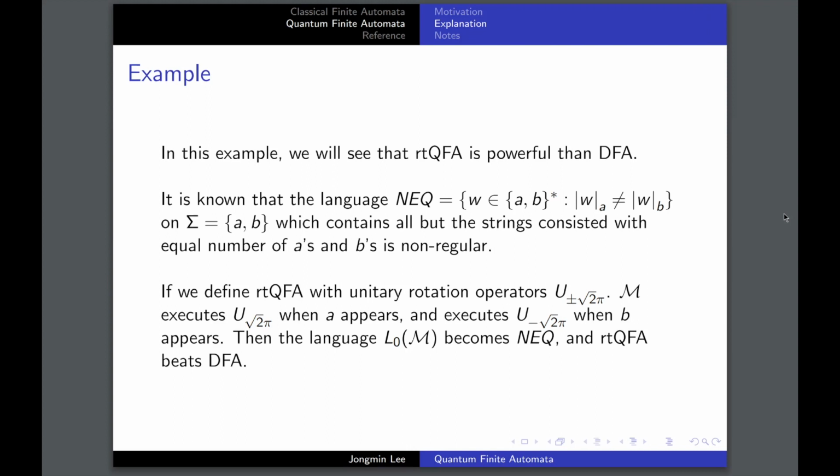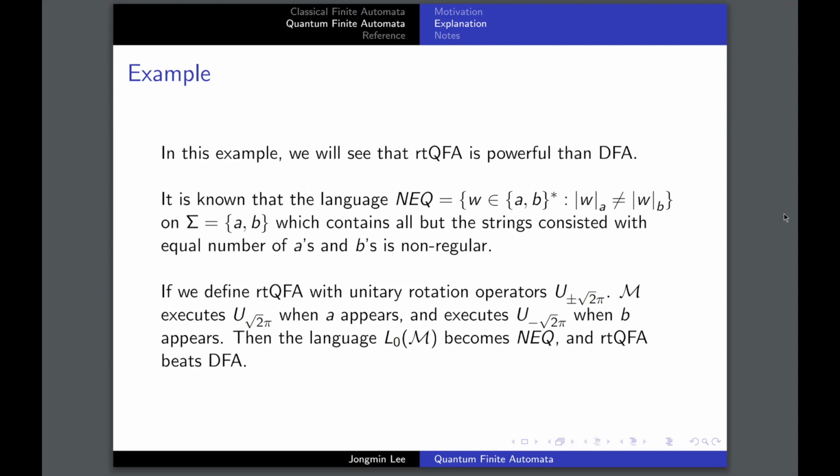And if we define a QFA with two operators, U plus and minus, with angle square root 2 pi, then there are two states, q1 and q2, and if the machine gets A, then it rotates by square root 2 pi, and B, then it rotates clockwise.